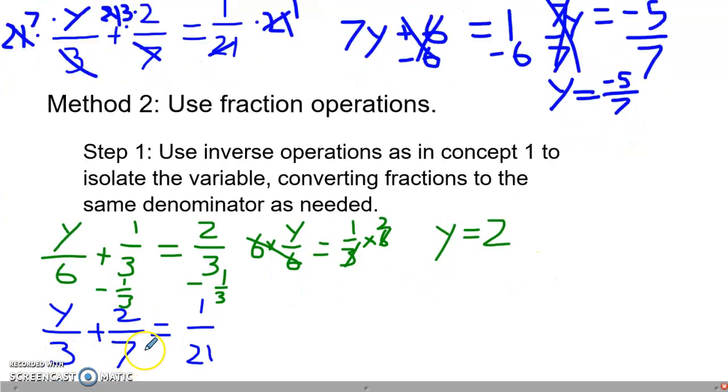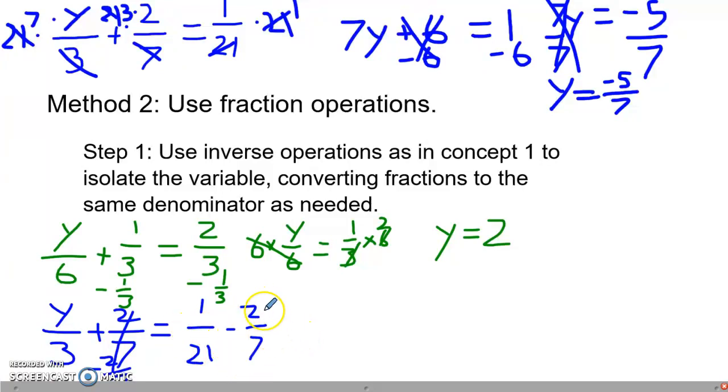Now, if I'm trying to do that for the other problem that has a little bit more complicated denominators, I'm still going to go through the same steps. My first step is to subtract 2/7 and subtract 2/7. These still cancel, but now I've got an issue because I have different denominators and I'm subtracting them.